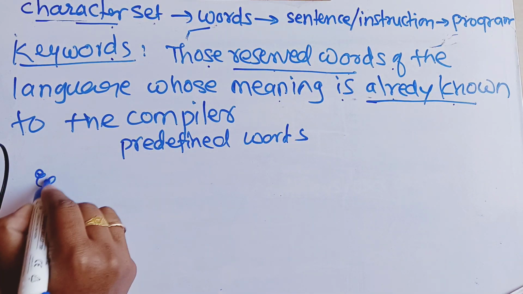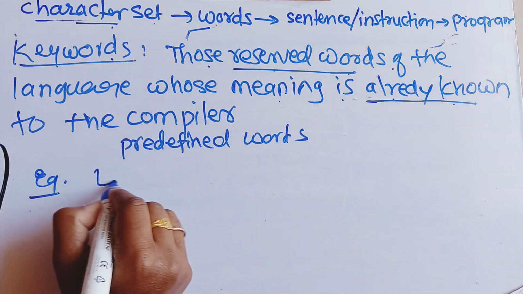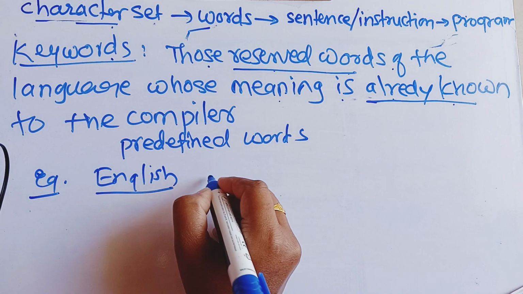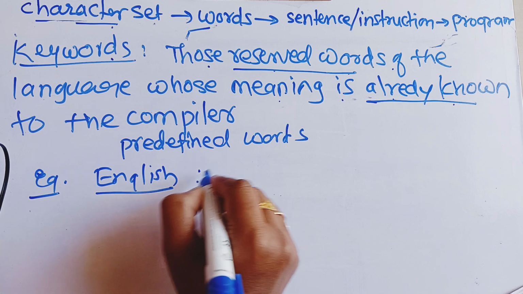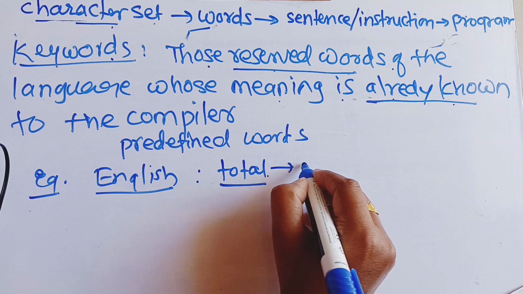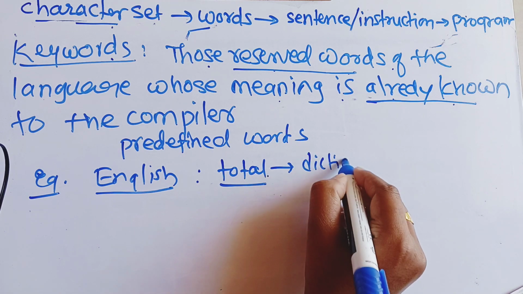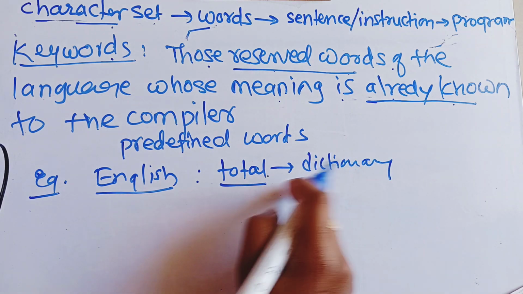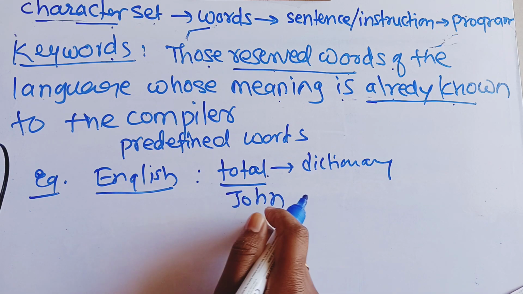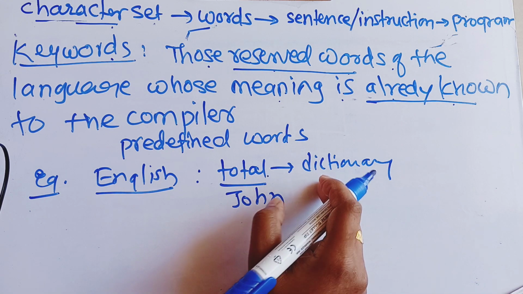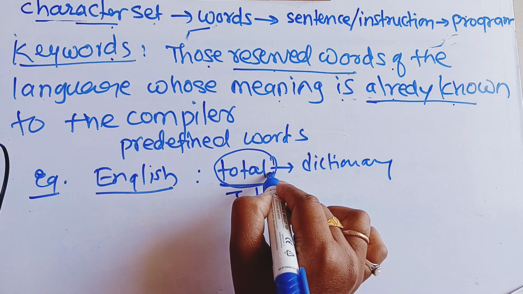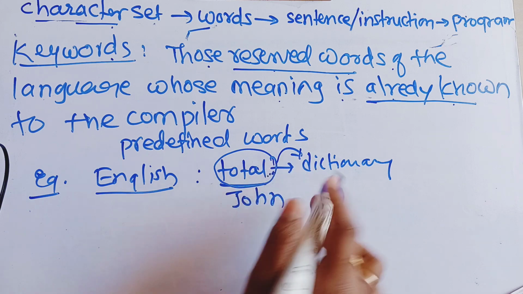Let me tell you an example. In our English language, we use a few words. Let's say I wanted to use the word total. This word has a meaning in the dictionary, right? Let's say I am using the word John. This word doesn't have a meaning in the dictionary, which means that this word is user defined.